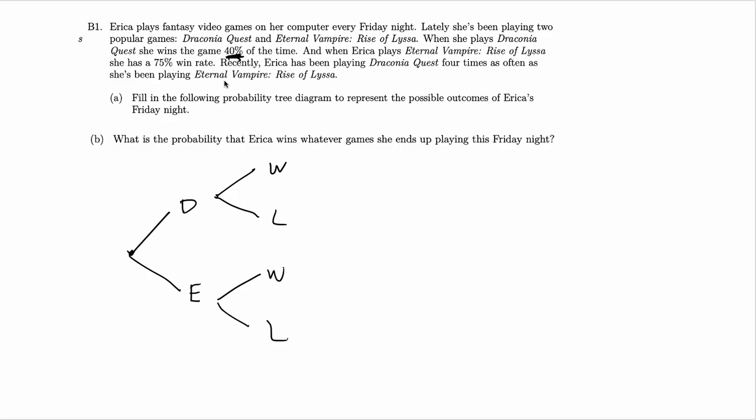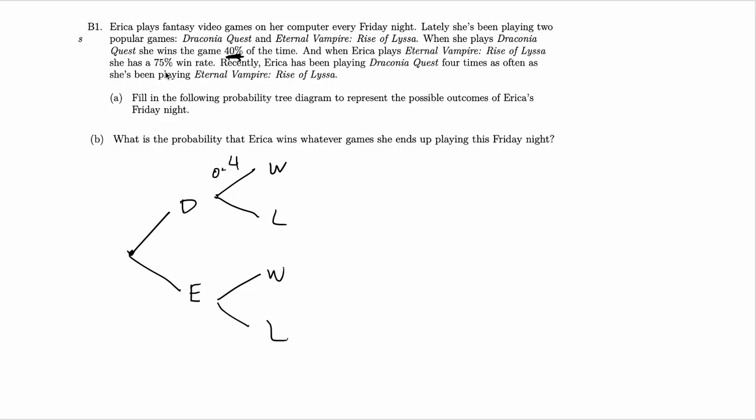40% chance of winning, meaning that this is the conditional probability, right? So given that I played Draconian Quest, I have a 40% chance of winning. So this branch here, which is the conditional, will receive a 0.4 value.